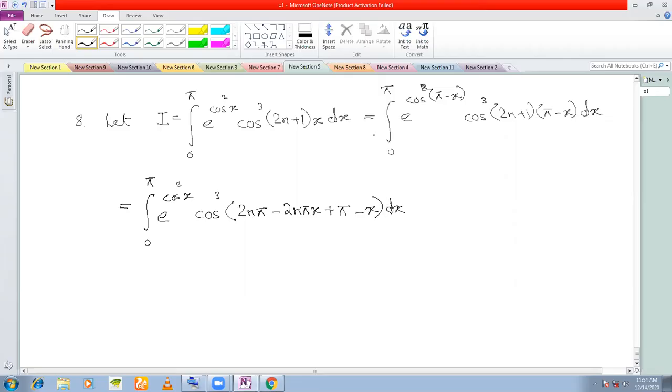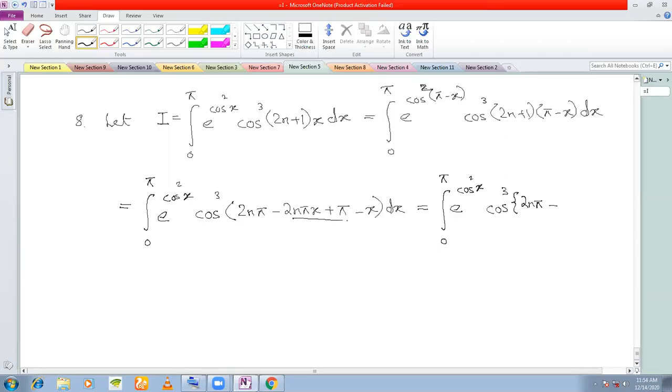So now you have the integral 0 to pi of e to the power of cos square x and cos cube. You write this as 2n pi, taking it separately, and minus.